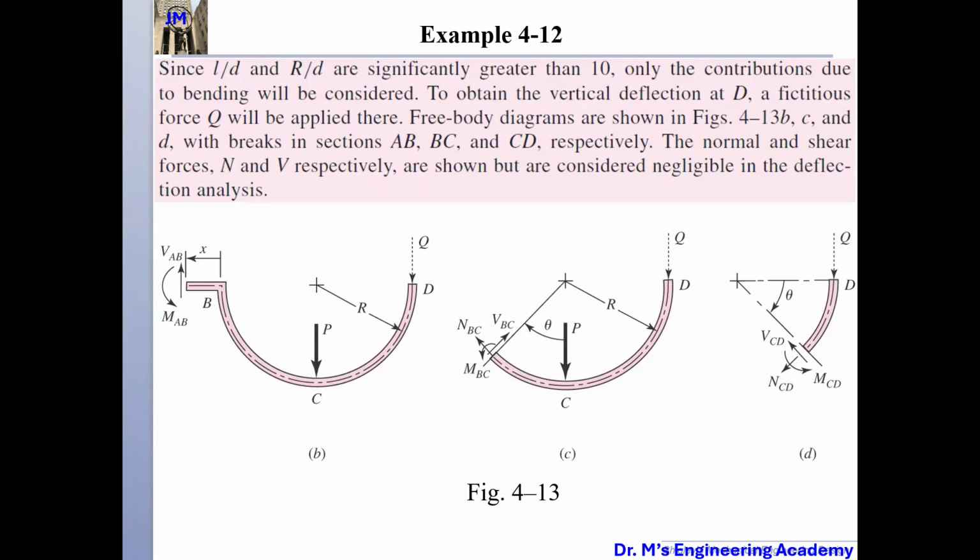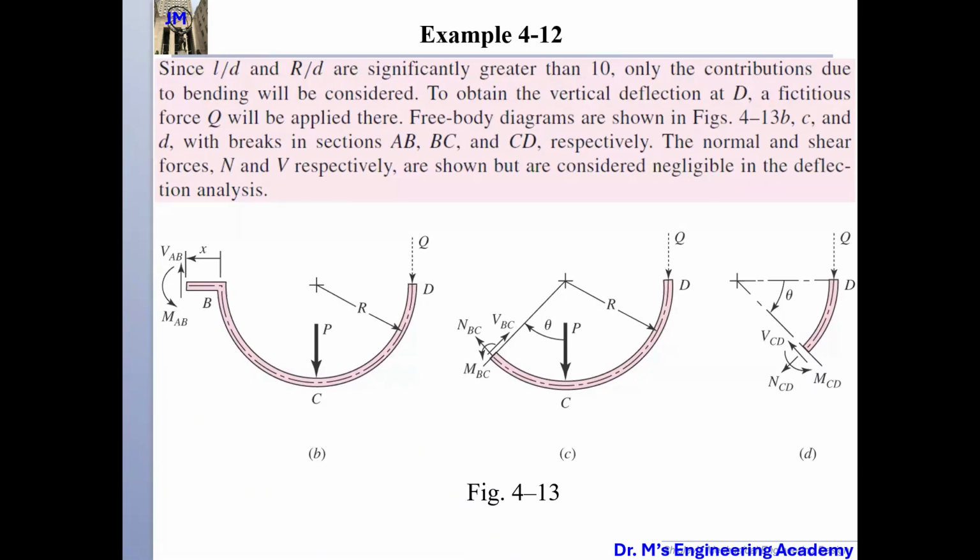So I know this point is in a state of equilibrium, right? Because it does not translate and it does not rotate. But then this MAB must be balanced by the bending moment generated from P and from Q. You agree?